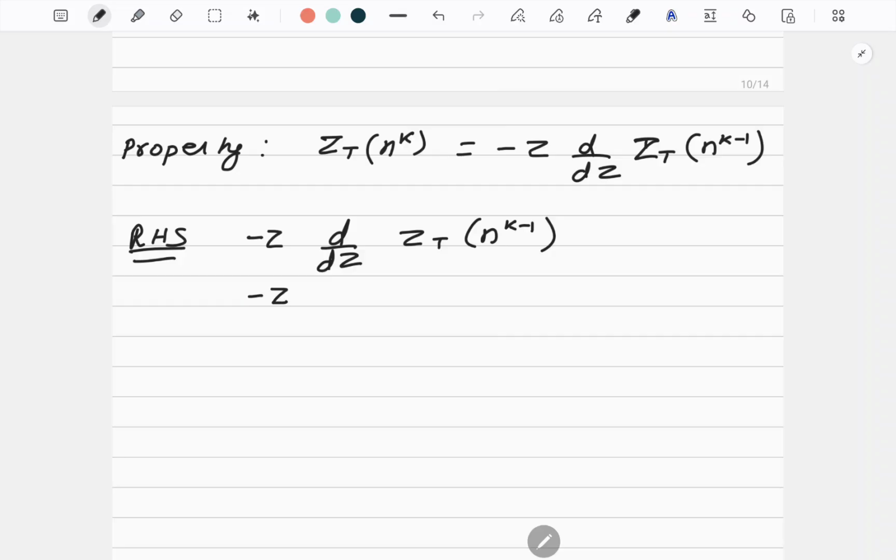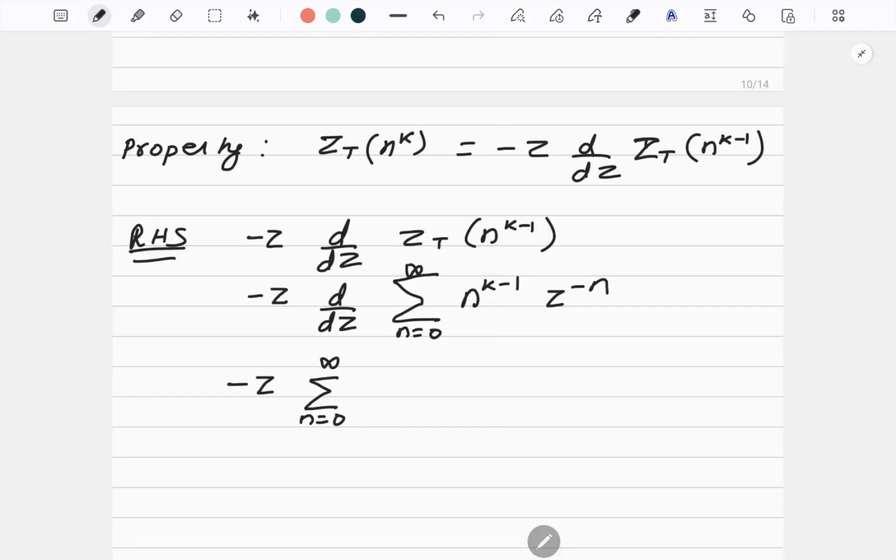So minus z d by dz. What is the z transform definition? Summation n is equal to 0 to infinity. Okay. The function means n to the power k minus 1 and z to the power minus n. Okay. Now minus z, summation n is equal to 0 to infinity.